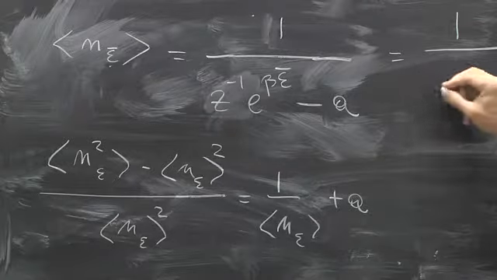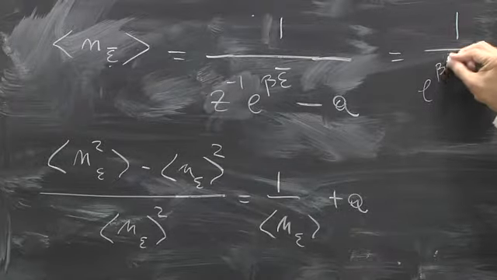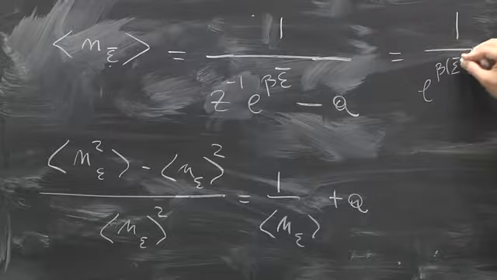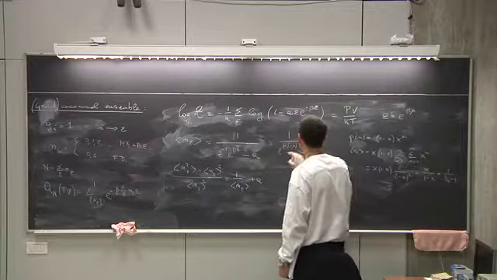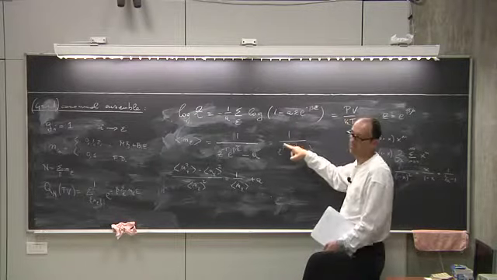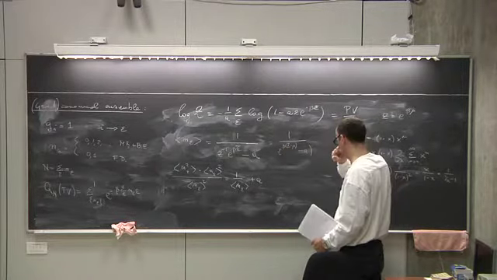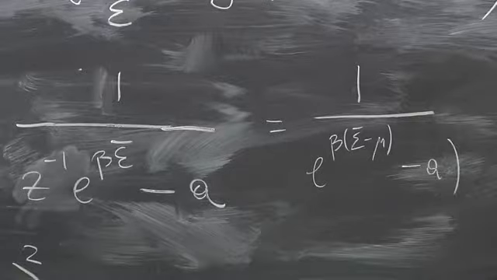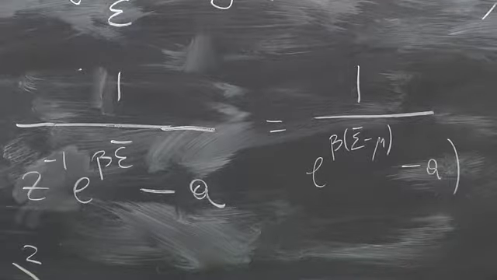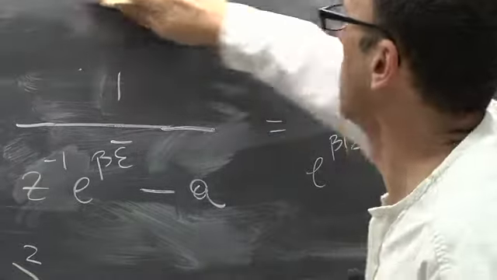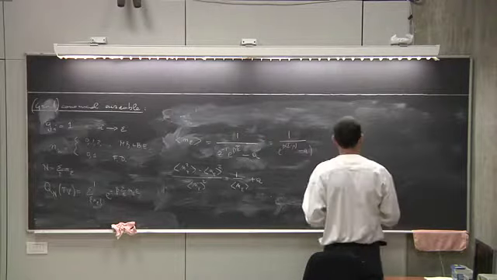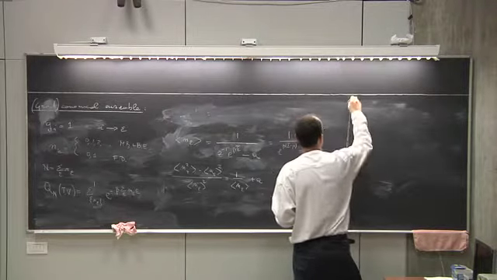Typically, this is an object which depends on the variable beta times epsilon minus mu. It depends only on this combination of variables, and the way in which it depends on it is the following.